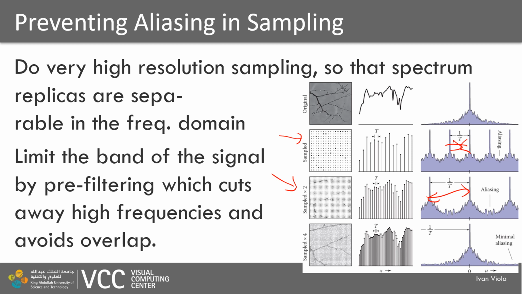And the best situation will be to have the sampling at such a frequency that we push out the aliasing spectra beyond the area of our band limited range of frequencies.